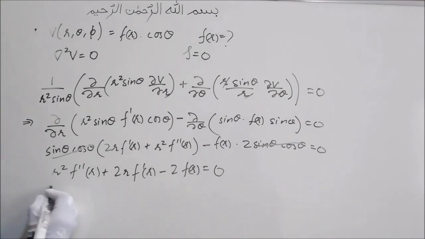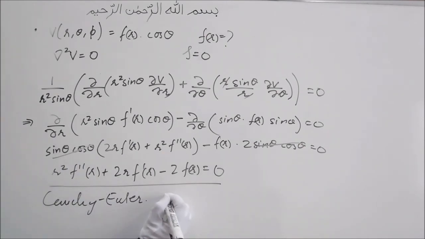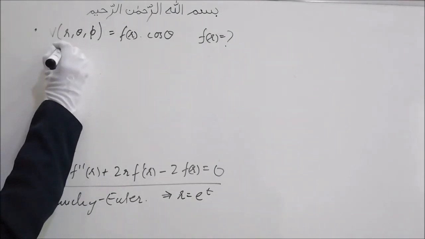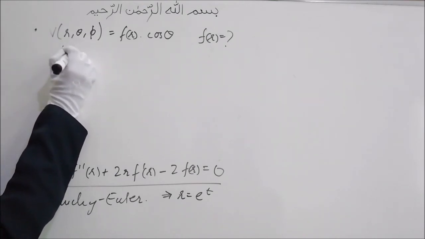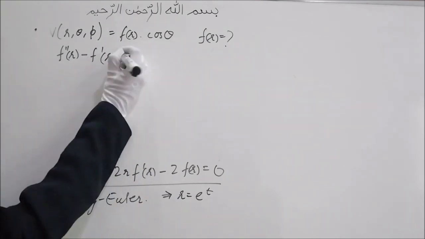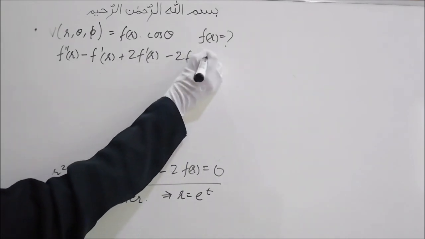You can look at this equation and immediately see that it is of the Cauchy-Euler type. To solve these types of equations, as we have seen in the videos of mathematical physics, we take R equal to e raised to t. Therefore, R square F double dash of R becomes F double dash in t minus F dash, and 2R F dash of R will be just 2F dash, and this is minus 2F of R, equal to 0.